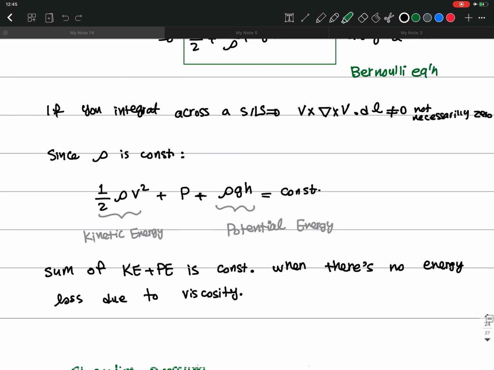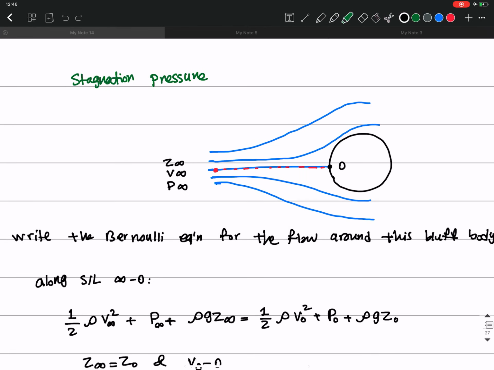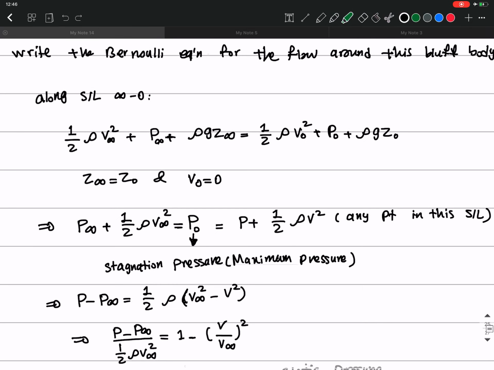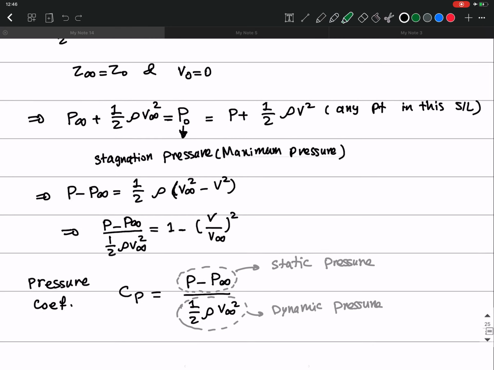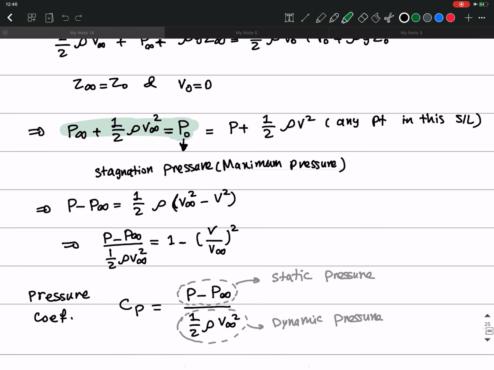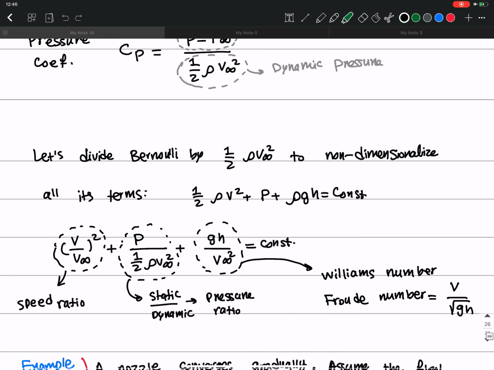So this is the Bernoulli equation, and then we showed some other interpretations of it, like it's the sum of the kinetic energy and potential energy, and when there is no energy loss due to viscosity, this should be constant. Then we defined the concept of stagnation pressure, where the velocity becomes 0, which is kind of the maximum pressure. And then we non-dimensionalized this Bernoulli equation by one half rho V squared to get some non-dimensional numbers.